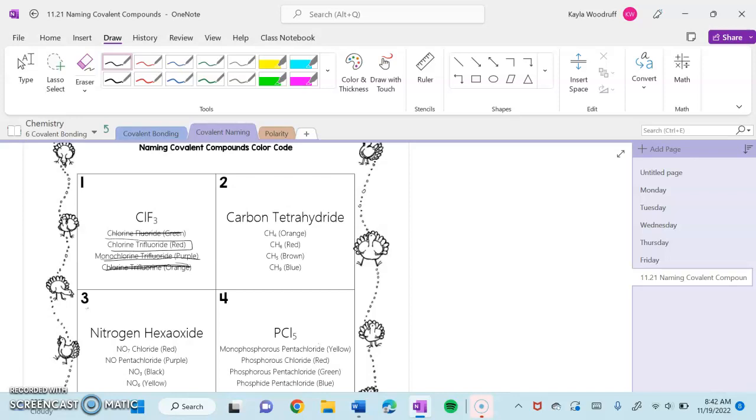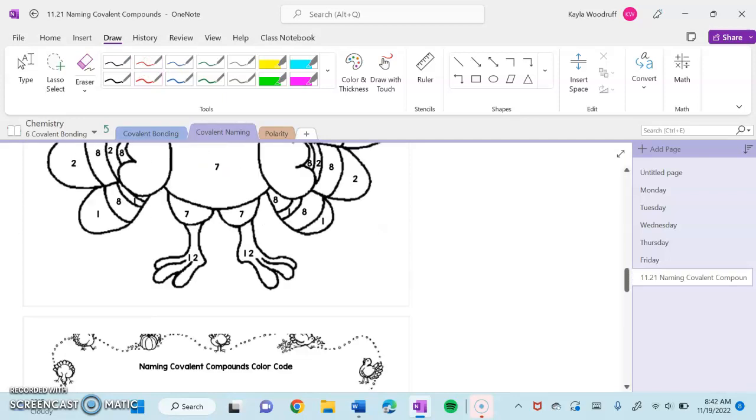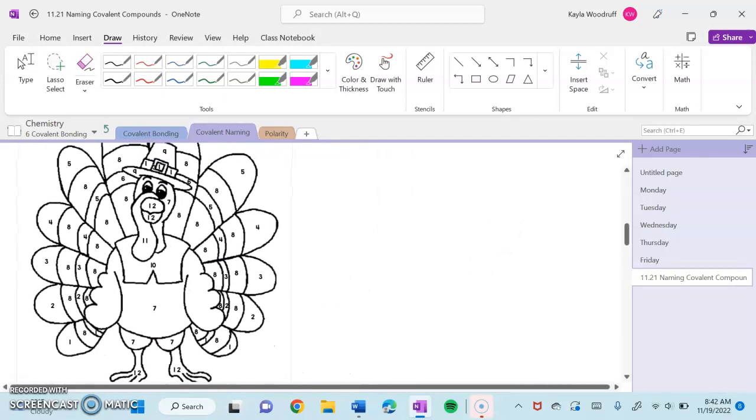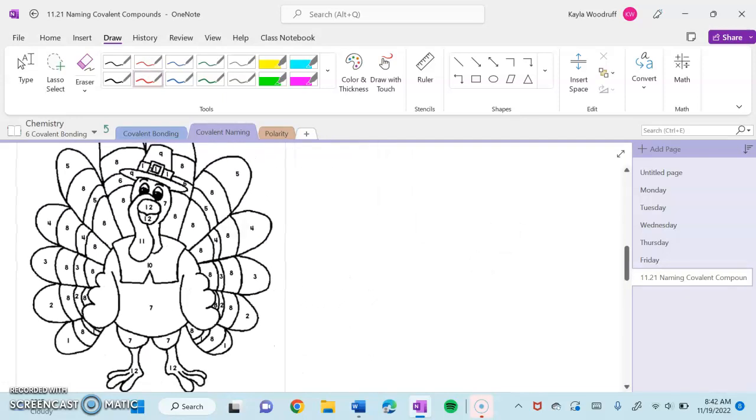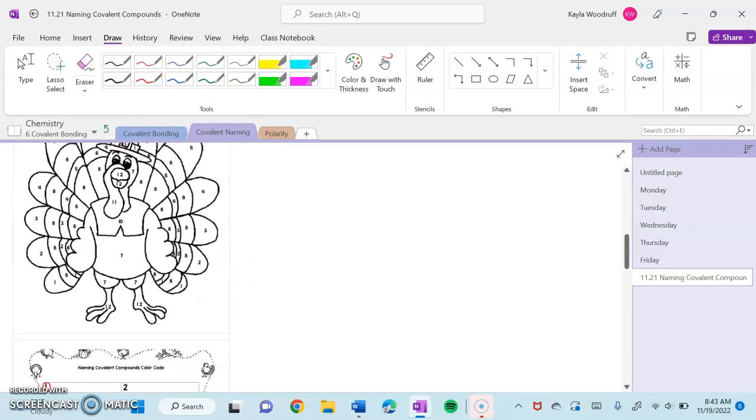So I know that I'm going to color all of my number 1s red. So in your turkey, you'll go over here, and anywhere that's a 1, you will color that red. Okay. That is your turkey coloring.